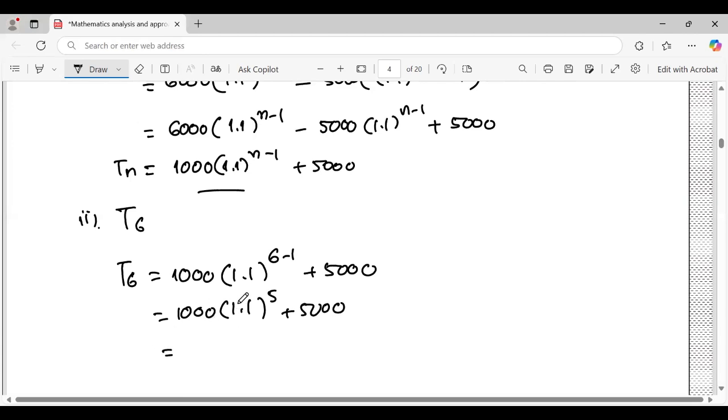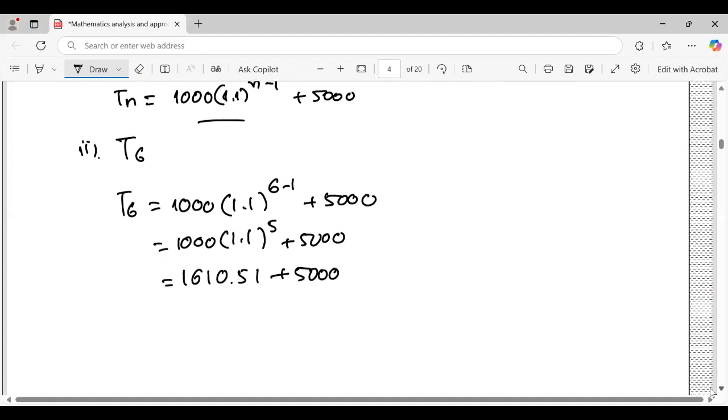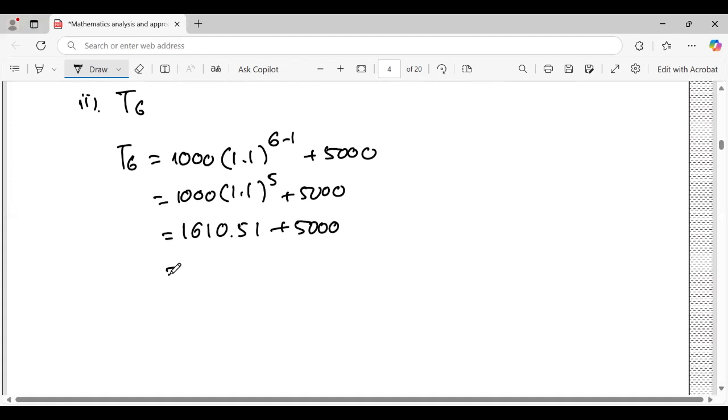If you calculate this, the result is 1,610.51 plus 5,000, which is 6,610.51, or in whole number, 6,611.